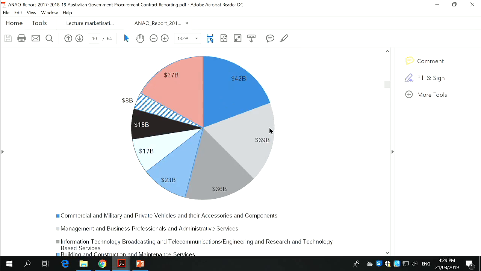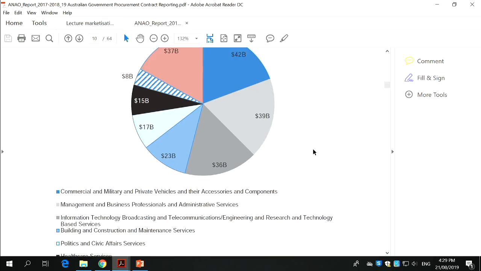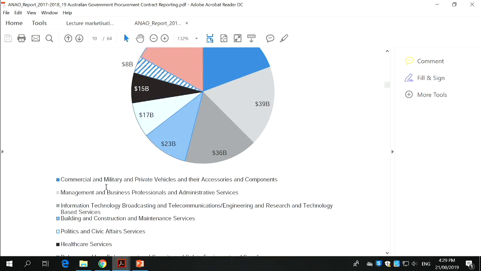You can see the blue one is the biggest. The blue one would be the commercial and military private vehicles, associated components. So probably defence. Defence has a lot of military acquisitions and procurements, which are built by private sector providers. The other big area is management and business professional and administrative services.